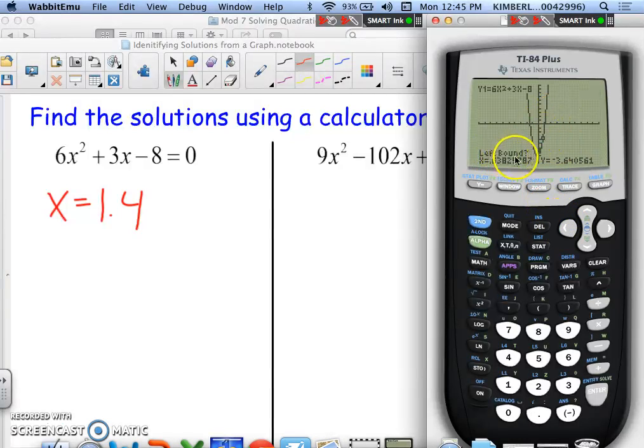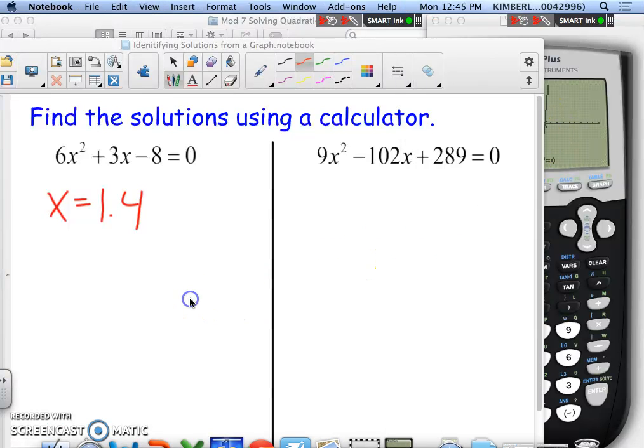Okay, so left bound question mark. This is left of it, so I'm going to hit enter. It wants me to go right of that x-intercept, which would be somewhere up here. Hit enter. It wants me to guess. Hit enter again. And then it will guess that 0 for you right here where it crosses. So we'll say x equals 0.93.